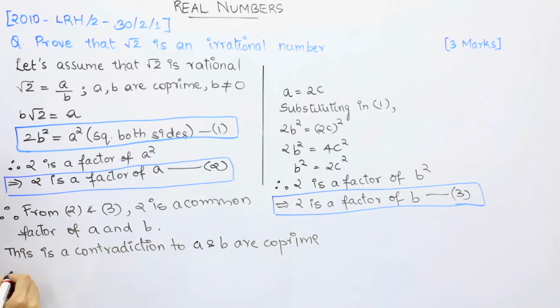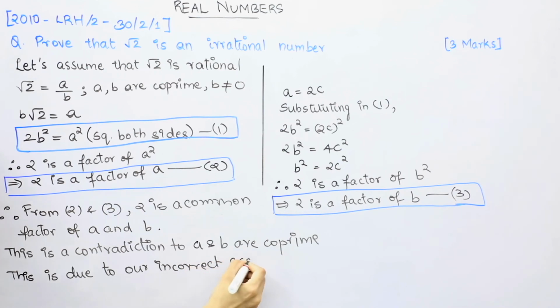This is due to the incorrect assumption. Therefore, we've proved that root 2 is an irrational number.